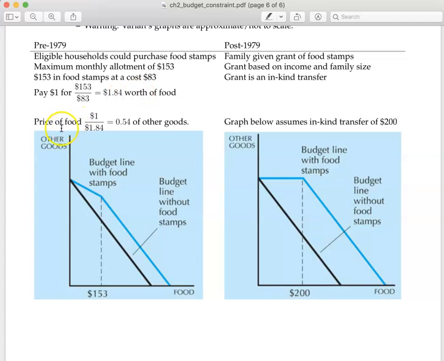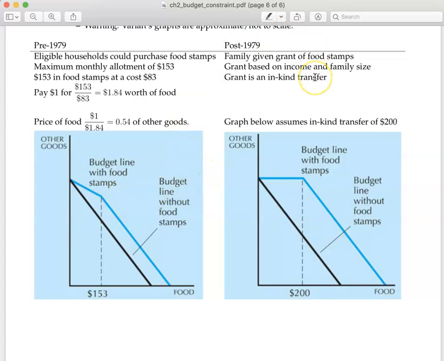So the price of food is effectively 0.454 of all other goods, right? So that's the effective price of food in that particular range. And then after that $153, you get no further subsidy.